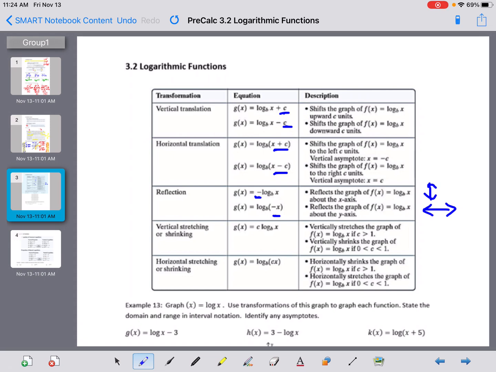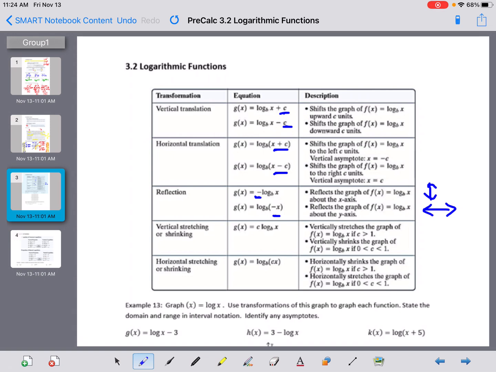But currently, without the reflection, it's starting down in the fourth quadrant and it goes up to the first and it starts climbing in the first, okay? So if I do the reflection horizontally, left to right, where it's coming up the y-axis and it's going to the right, it's going to go over into the second and third quadrants, and it's going to come up the y-axis and go up to the left in the second quadrant.